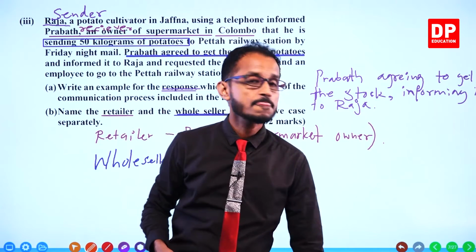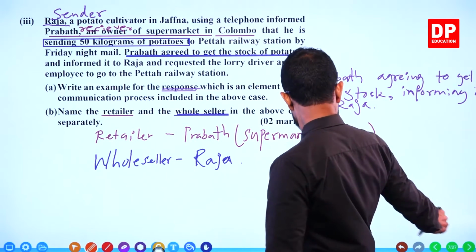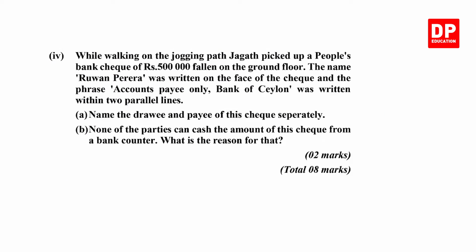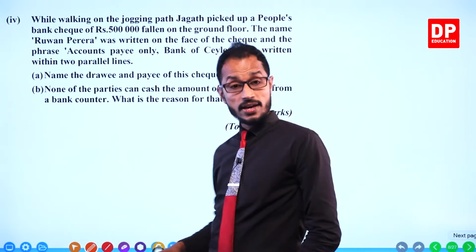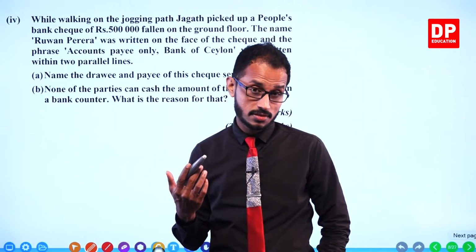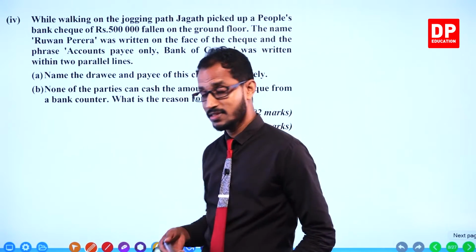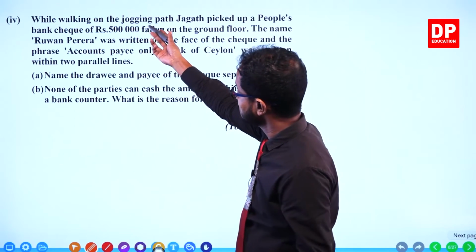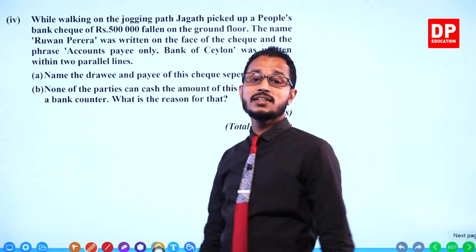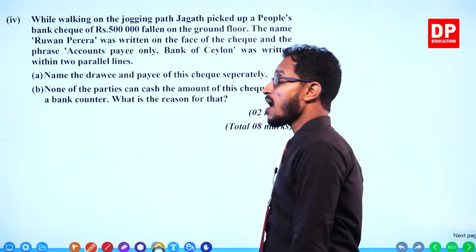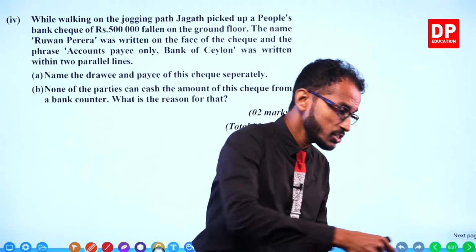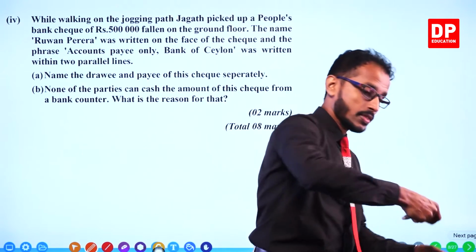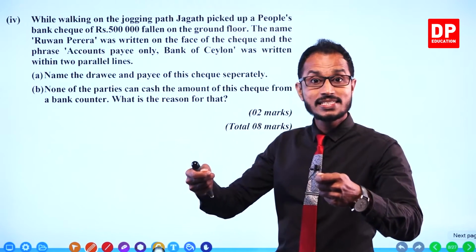Okay. That's it. While walking on the jogging path, Jagat picked up a People's Bank check of... Oh my God! Lucky guy! Who? Jagat! He has picked up a check of 500,000.